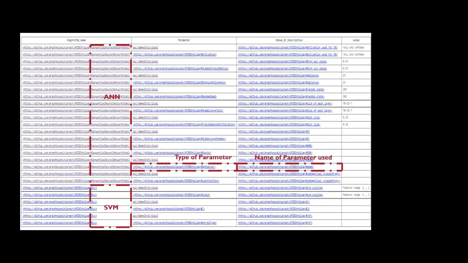Now, this is a snapshot of how the results are brought out. It shows the type of algorithm that is being used, ANN and SVM, and then further the type of parameter and the name of the parameter, Adam, being used. If there is supplementary information to those, you will get a value on it, so it would be shown in terms of another triple.